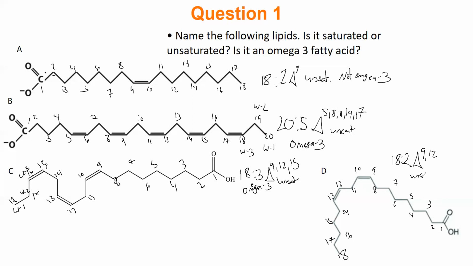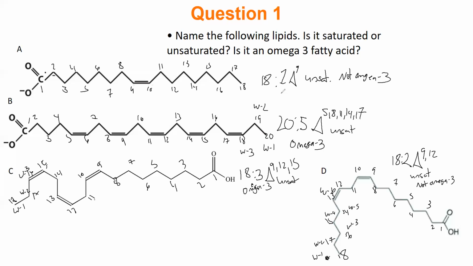This is unsaturated, not an omega-3, but it is what we call an omega-6. So omega-1, omega-2, omega-3, omega-4, omega-5, omega-6. So this would be called an omega-6 fatty acid instead of omega-3 fatty acid. So that is how we can name our fatty acids.